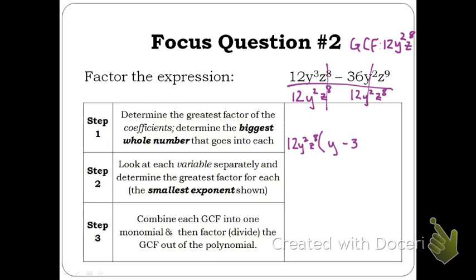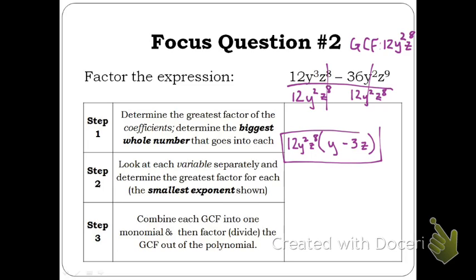So now there's one variable that completely eliminates from both parts. Now, we don't have to put that, but when we look at z to the 9th divided by z to the 8th, we have 9 minus 8, so that's z to the first power. Don't have to write the 1. So we have our answer as 12y squared z to the 8th times the quantity y minus 3z.